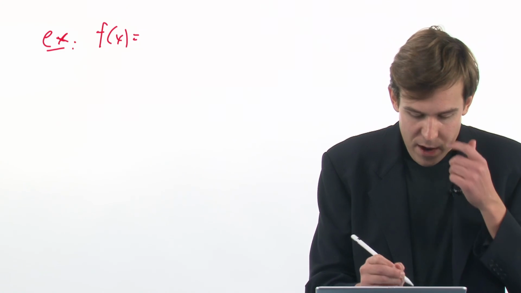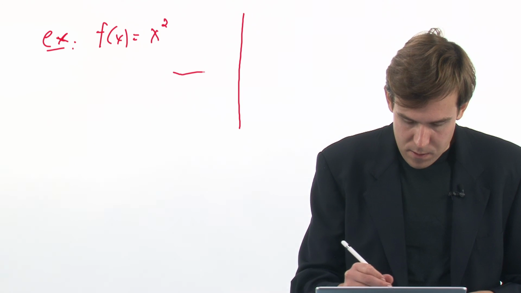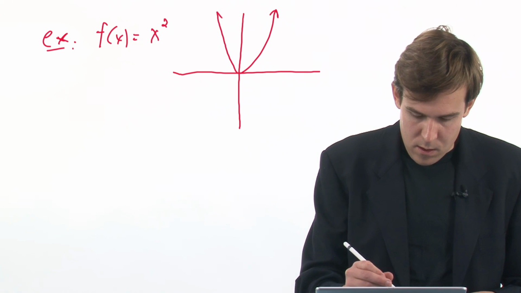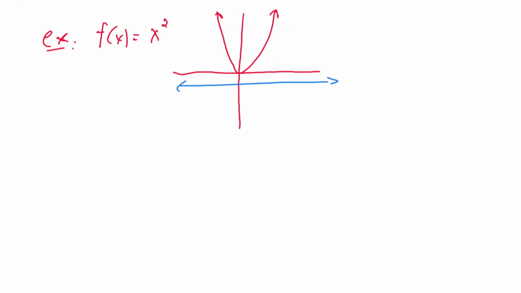So let's look at f of x equals x squared. It looks something like this. So we can see that all domain values are possible. So it goes from minus infinity to infinity, but not all ranges are possible. I can only go from 0 to positive infinity.